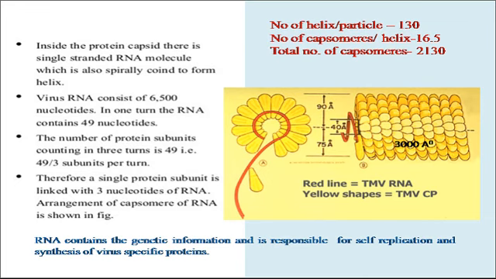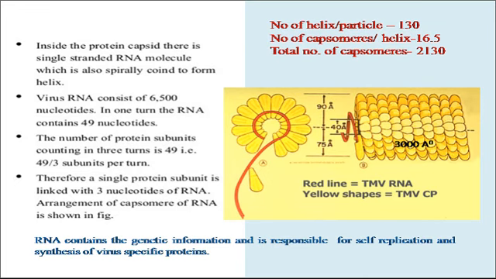In this case, the TMV genetic material is single stranded RNA, and it contains the genetic information and is responsible for self-replication and the synthesis of virus specific proteins.